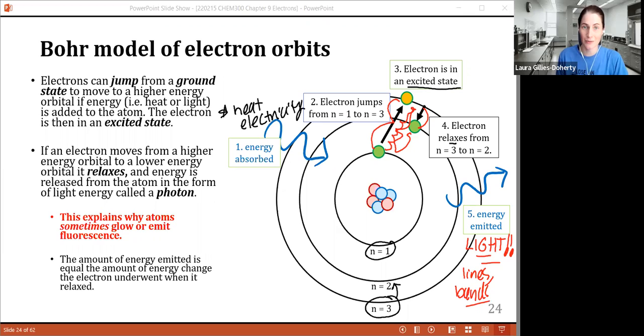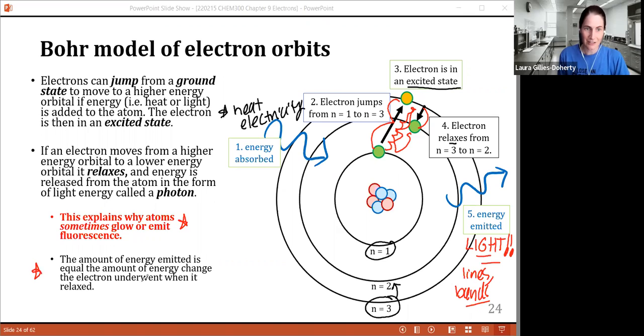This also explains why some atoms will sometimes glow or emit fluorescence. If you can get an atom to keep electrons in their excited state a little bit longer, then it takes more time potentially for them to come back down. And we see that as the atom continues to glow even after it's been excited, you get fluorescence.